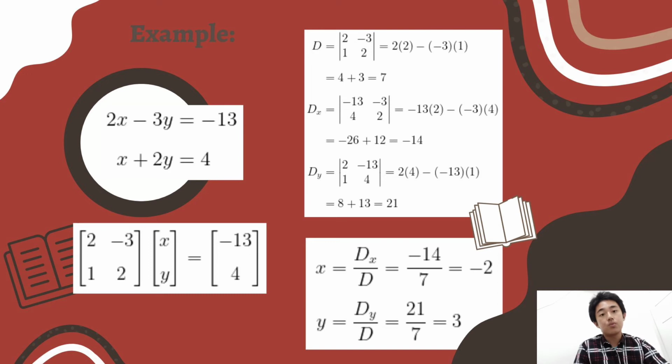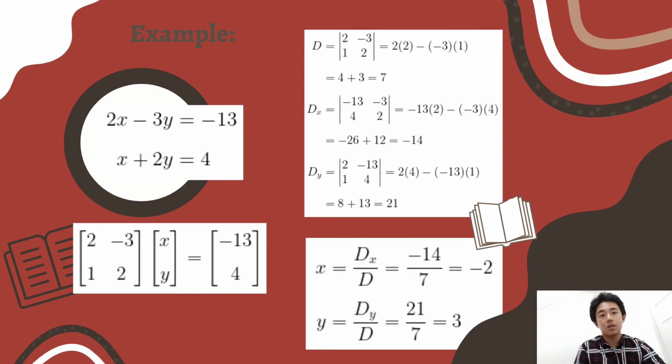Next, we look for Dx. We put the negative 13 and 4 in the first column, with negative 3 and 2 from the second column of the matrix we already have, 2, negative 3, 1, and 2.